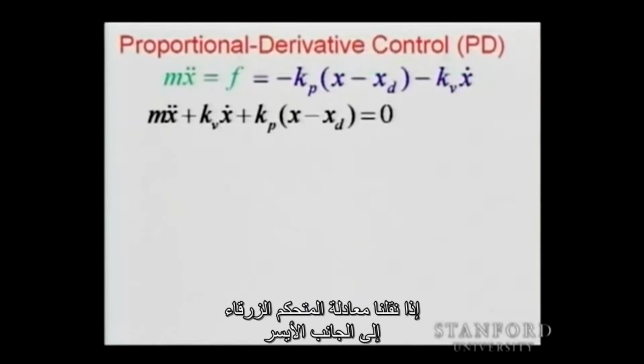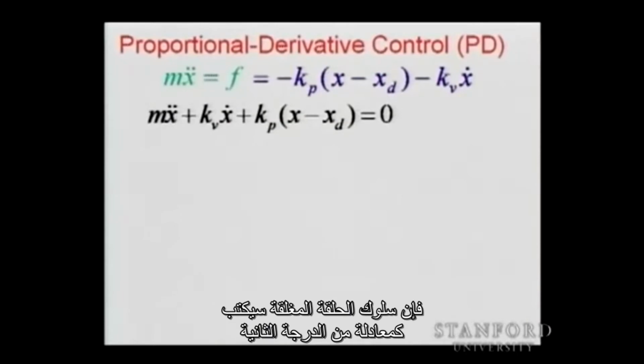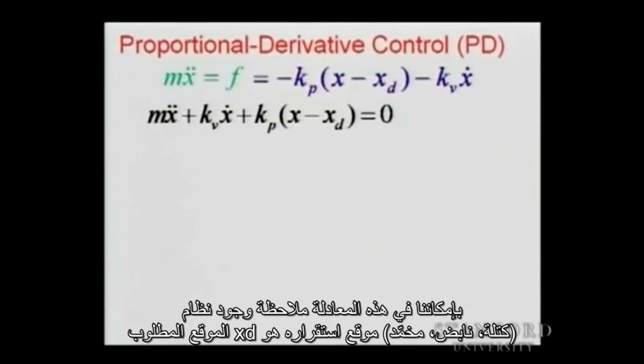Now if we take this controller and move it to the left, the closed loop behavior is going to be written as this second order equation. In this equation we can see that we have a sort of mass spring damper system whose rest position is at the desired xd position.